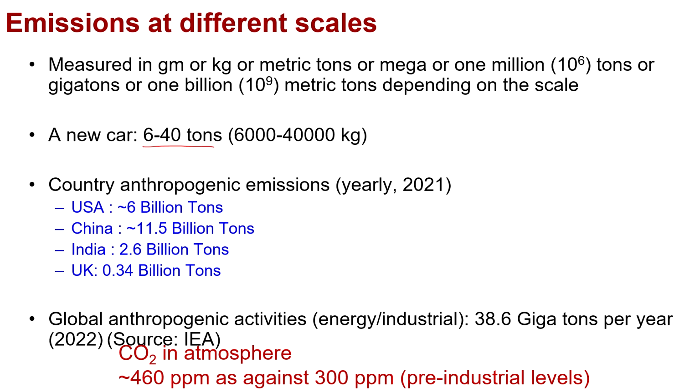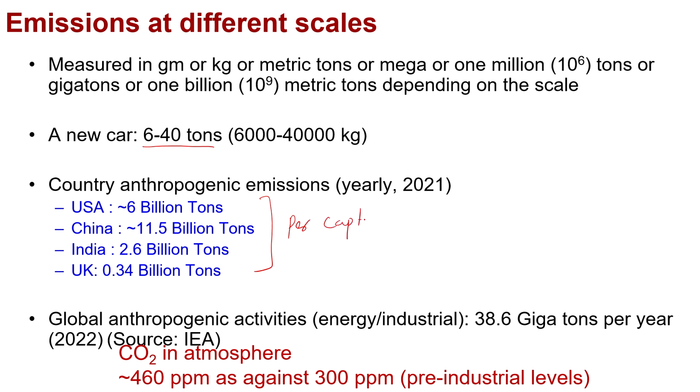If you look at country wise, America emits about 6 billion tons of carbon dioxide, China emits about 11 billion tons, India emits about 2.6 billion tons, UK for example emits about 0.34 billion tons. So, country to country differences are there, but these differences change when we look at per capita.